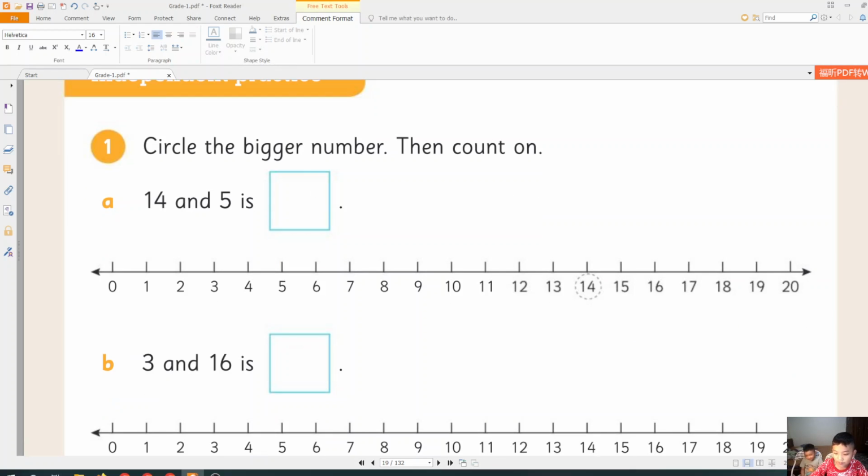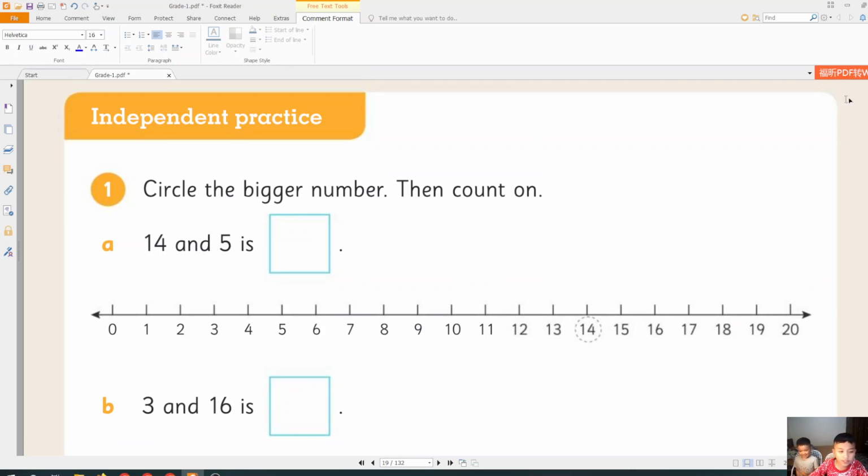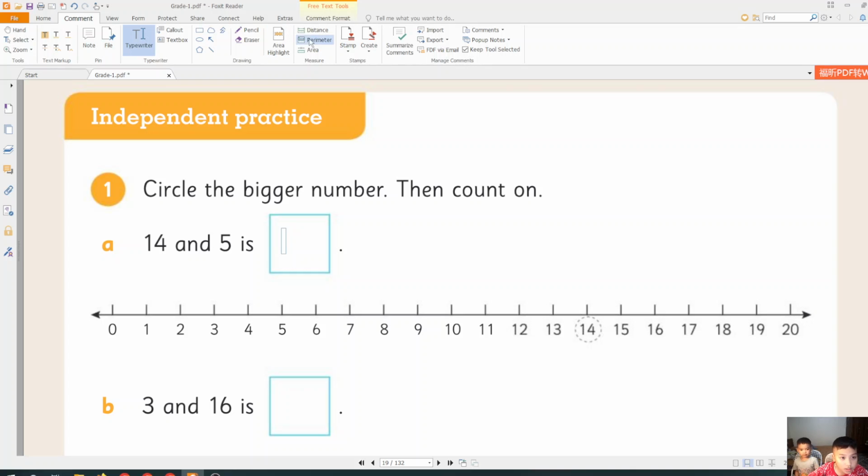We go to the next part named independent practice. Let's do. First exercise, we will circle the bigger number, then count on. Let's circle the bigger number. 14 and 5.